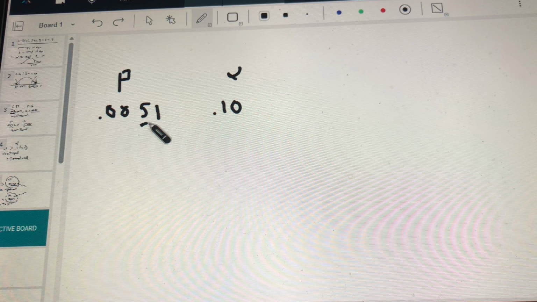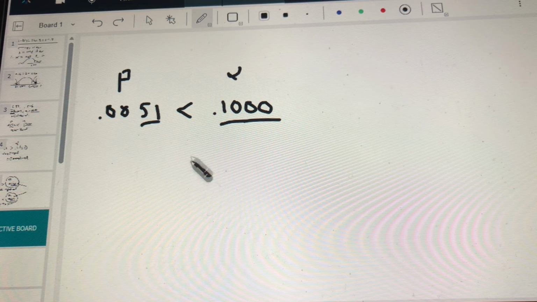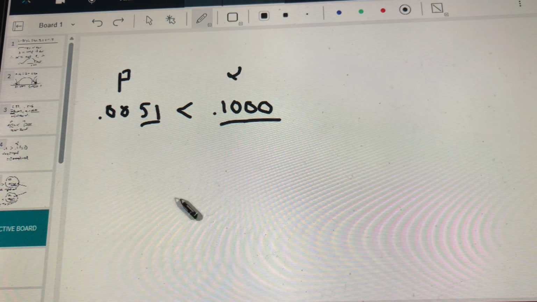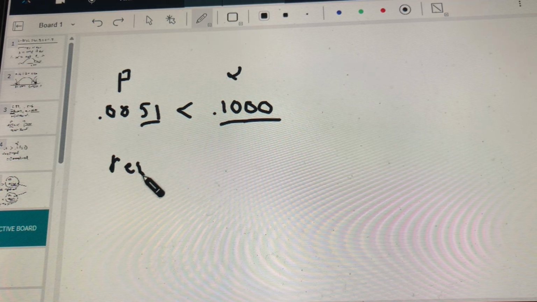Don't get tricked and say 51 is greater than 10. Some people do that. You got to add 2 zeros here so they both have 4 decimals. 51's actually less than 1,000. The p-value is low, so the null must go. Reject the null.